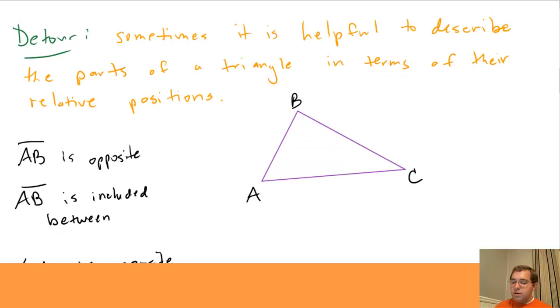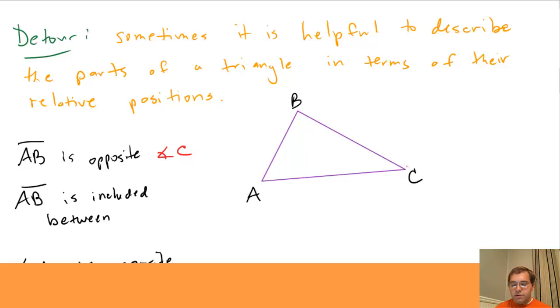A little detour. Sometimes it's helpful to describe the parts of a triangle in terms of their relative positions. So with this triangle I've drawn here, we can say side AB is opposite angle C, because it's on the opposite side of the triangle. Pretty simple.